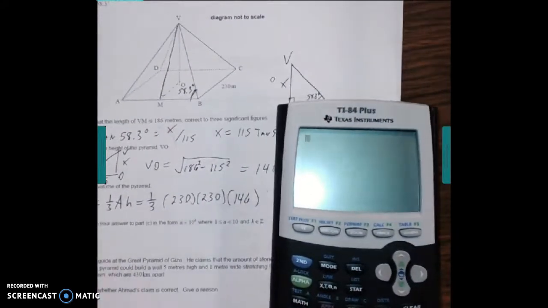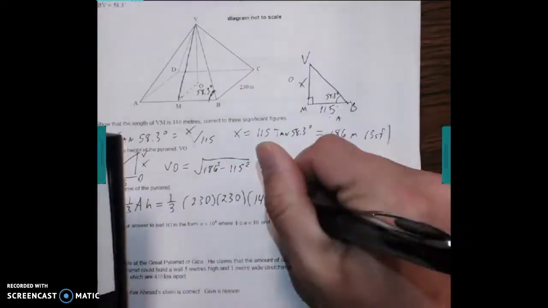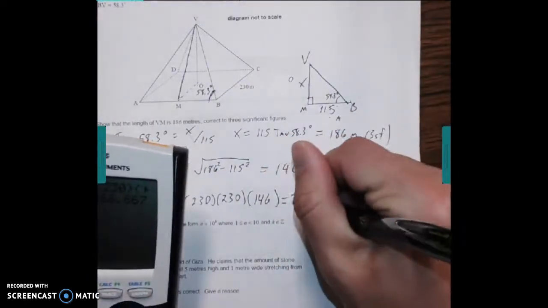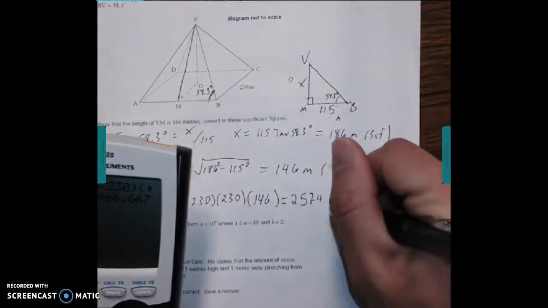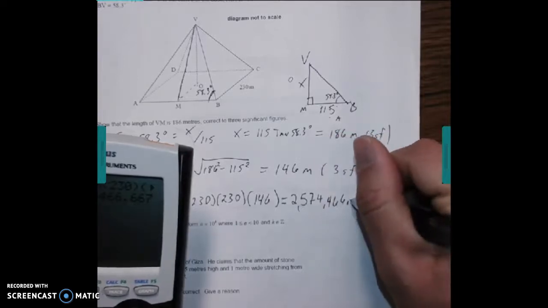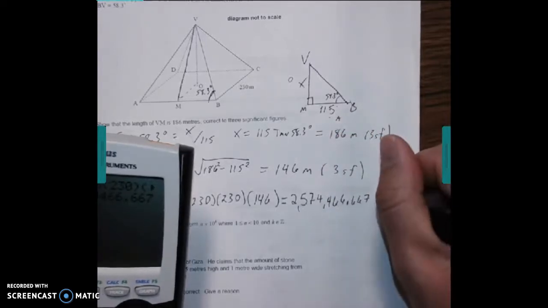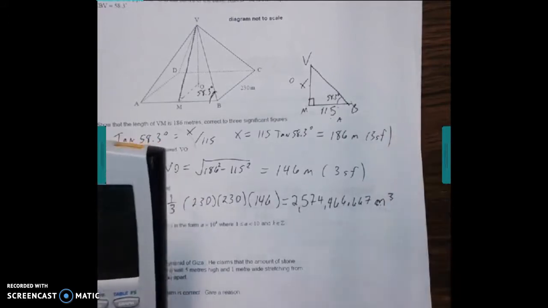Parentheses 1/3 times 230 times 230 times the 146. You end up with, that's pretty big, 2,556,667 meters cubed, because it's volume.